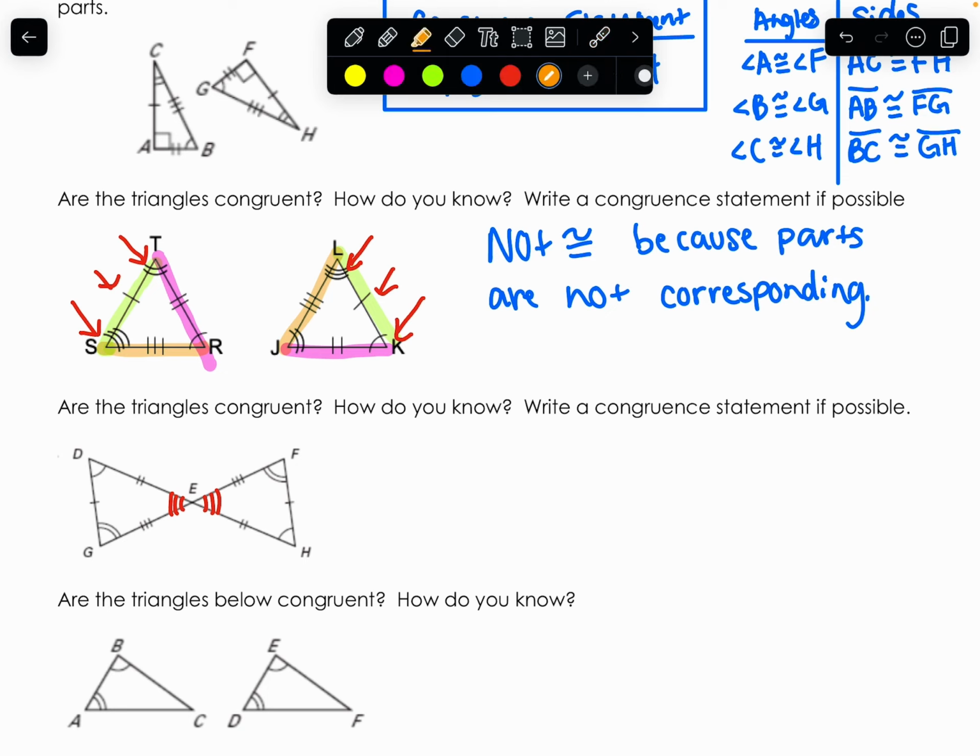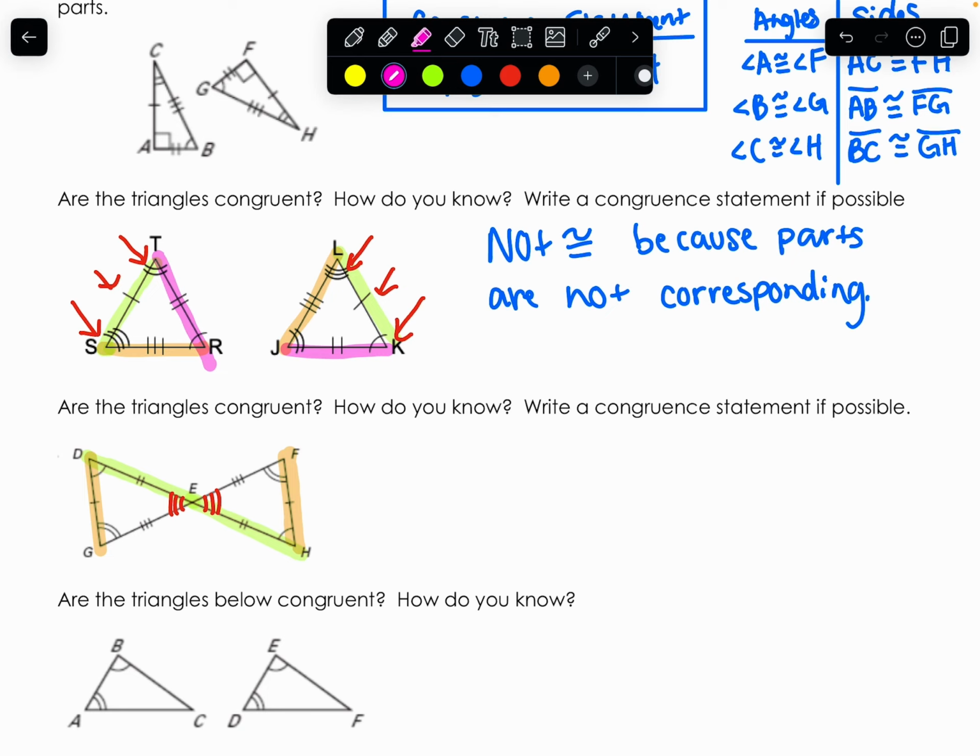All right, so let's see if the parts are matching up. So the 1 tick mark side, GD, and G has 2 arcs, D has 1 arc. That matches up with this side, and it looks good so far. 1 tick mark, D goes with H, and then F goes with G. 2 tick marks, D, E. 1 arc and 3 arcs. 1 arc and 3 arcs.